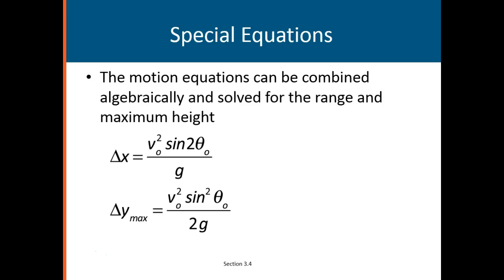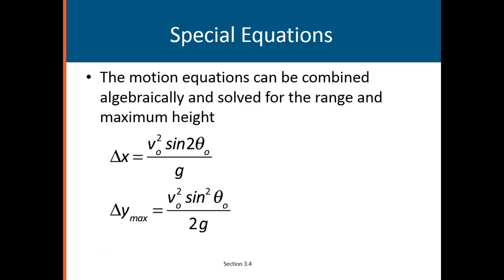But these are still not bad equations. Your range equation, that's how far it goes in x, is your initial velocity squared times the sine of 2 theta, where theta is that initial angle, divided by g. This isn't going to work for the last problem.